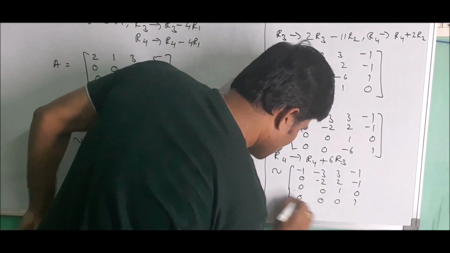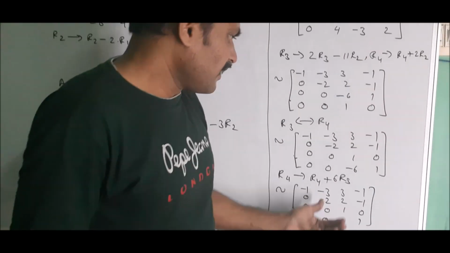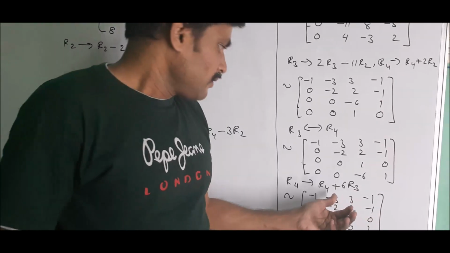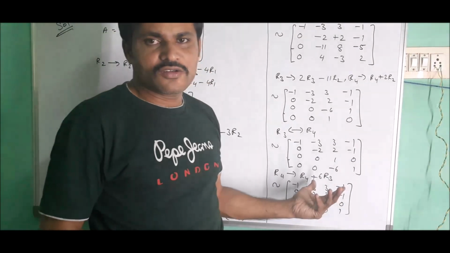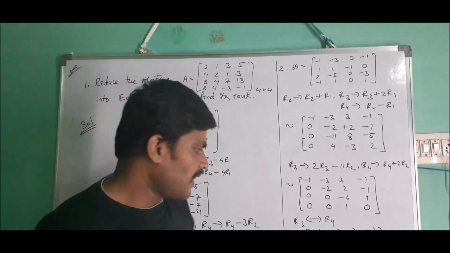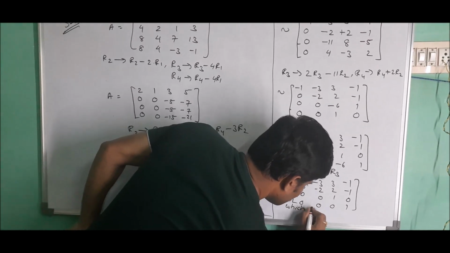So we observe that we do not need to apply any more transformations, as the remaining values are not zeros. So this is the final form, which is the echelon form of the given matrix.